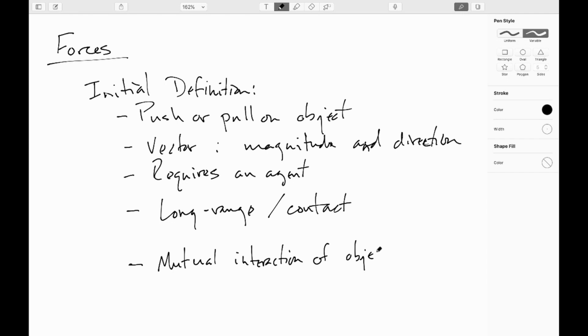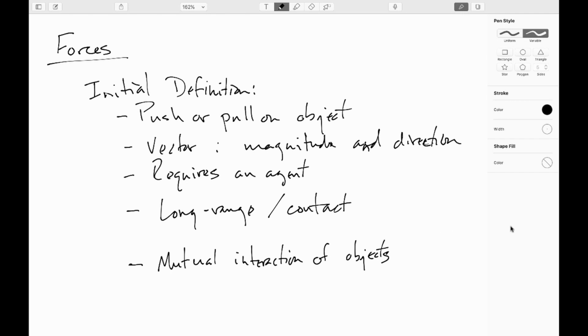So what do I mean by that? What I mean is that forces are never a one-way street. If I push on a wall, I'm feeling that, right? It's not because I'm pushing on myself, it's because the wall is pushing back on me.